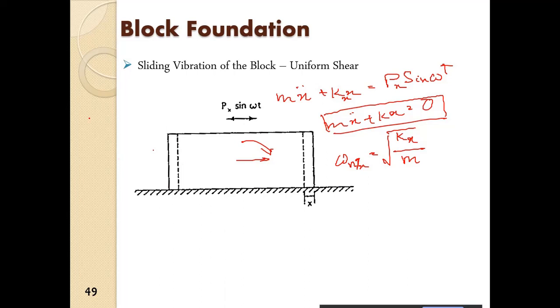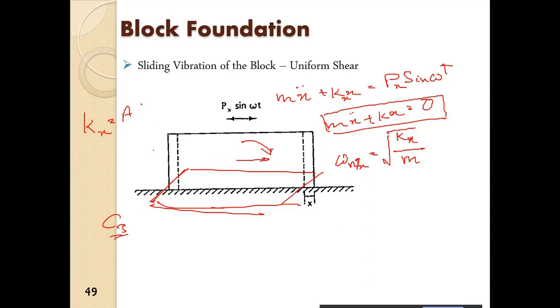And what is kx? We can write it as the area into the coefficient of elastic uniform shear, that is C tau. So C tau into A is kx.